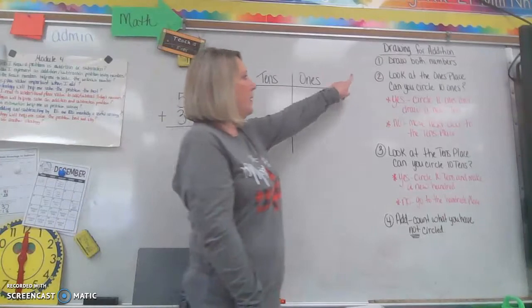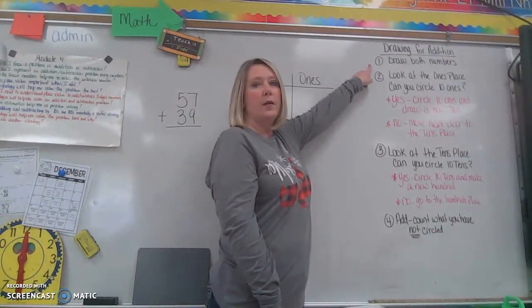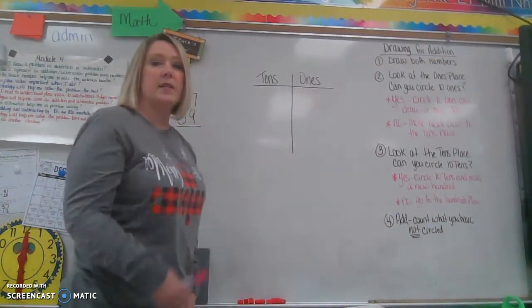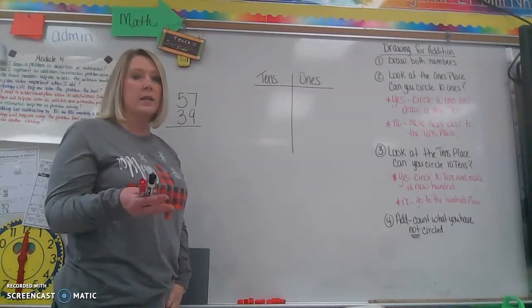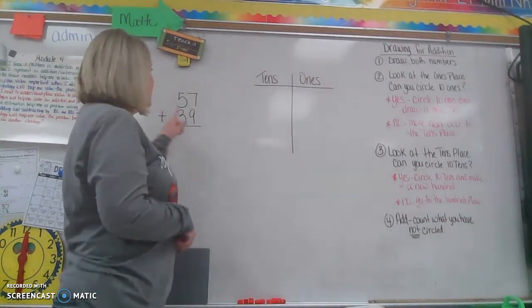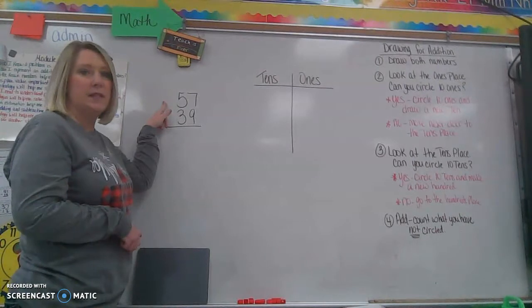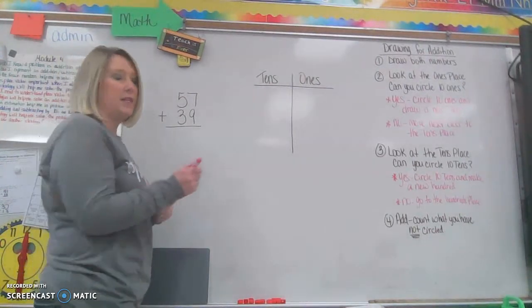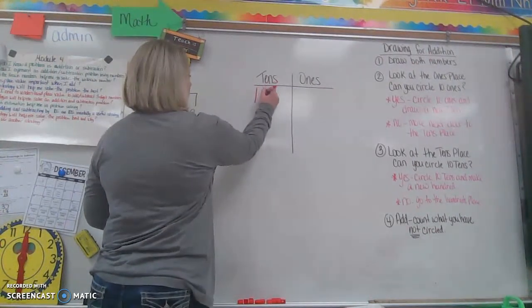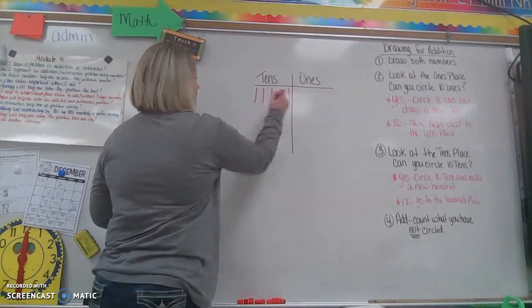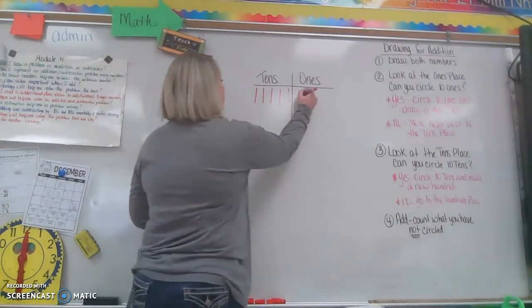Okay, the first step says to draw both numbers. So what that means is you're using your base 10 blocks to draw them. Our first number on top is 57, so I'm going to draw 5 tens and 7 ones.